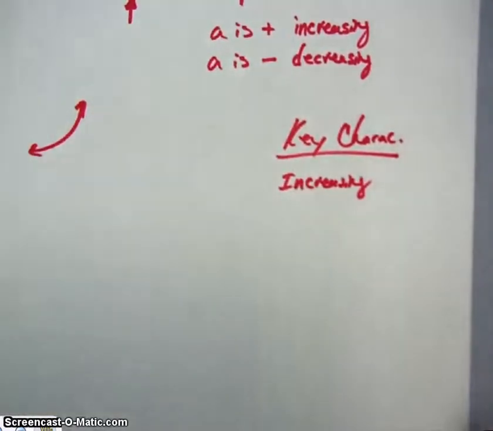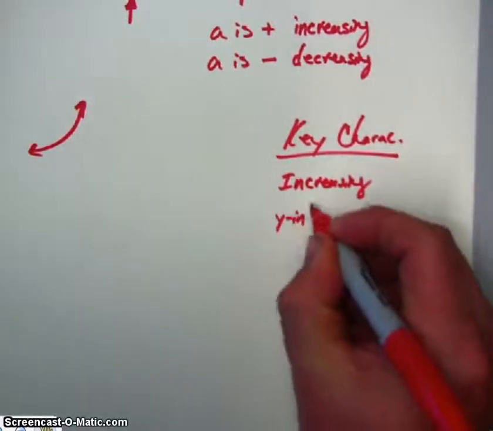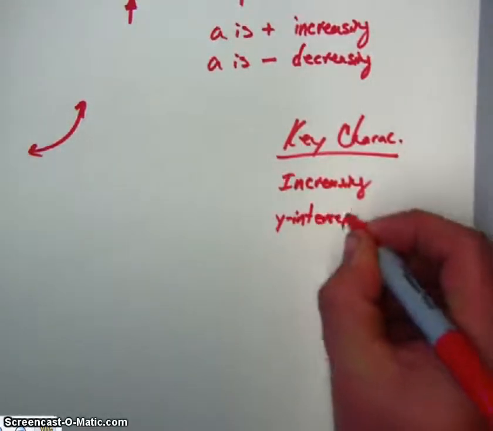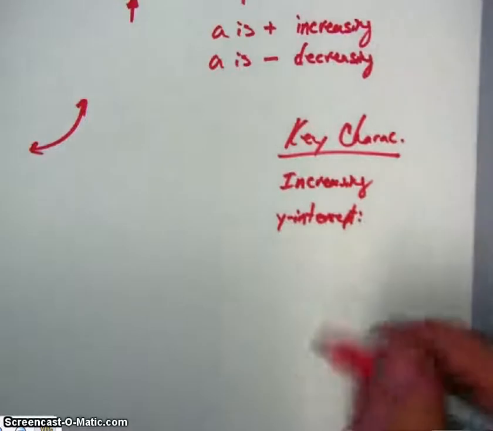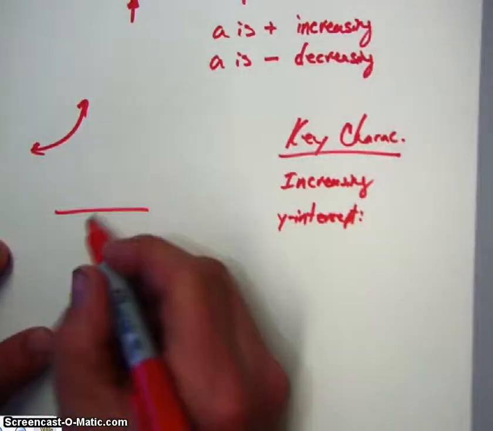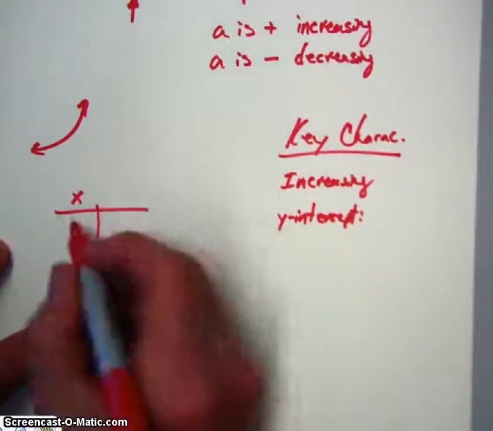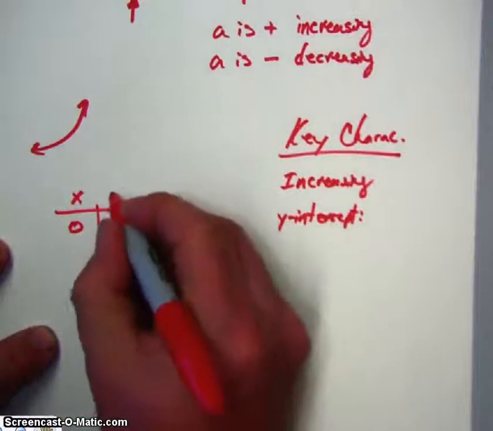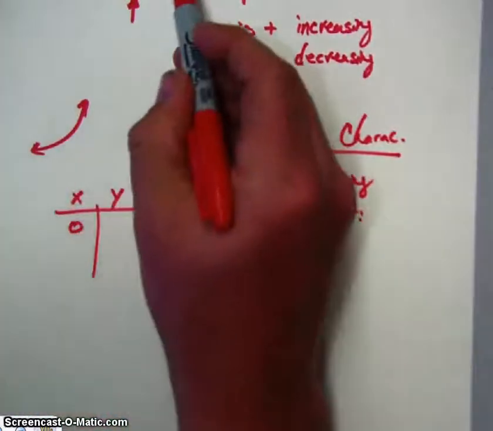The second thing I want to find is my y-intercept. What is my y-intercept? Well, to do that, you make a little table. This is your x. We make x 0. You plug 0 in for x.